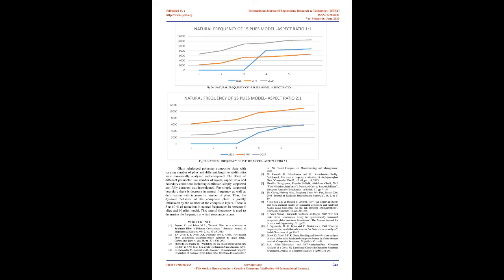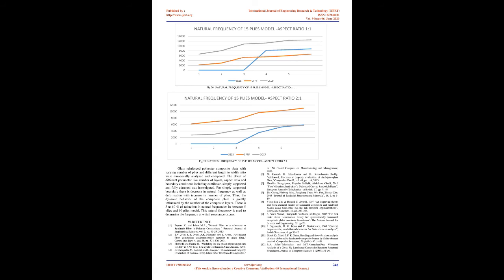From Table 5.2, for L/B ratios 1:1 and 2:1, minimum frequency occurs with all sides simply supported, and for L/B ratio 1:1 maximum frequency occurs with 3 sides cantilever and 1 side fixed, and for L/B ratio 2:1 maximum frequency occurs with 1 side cantilever support and 3 sides fixed support.